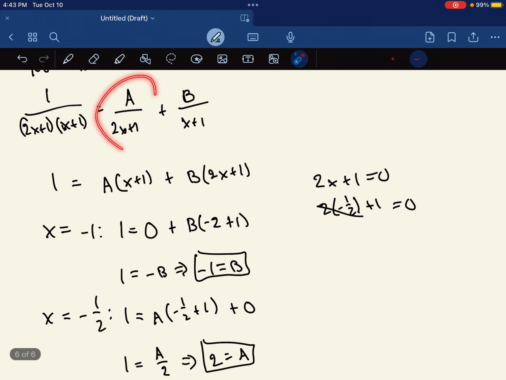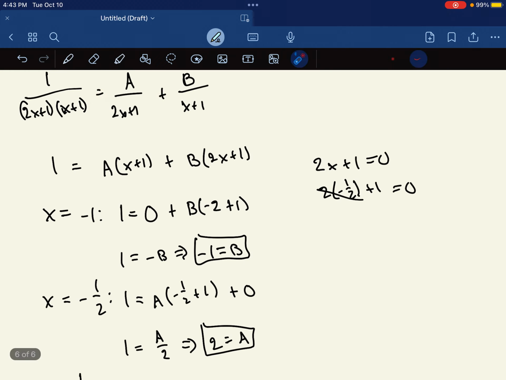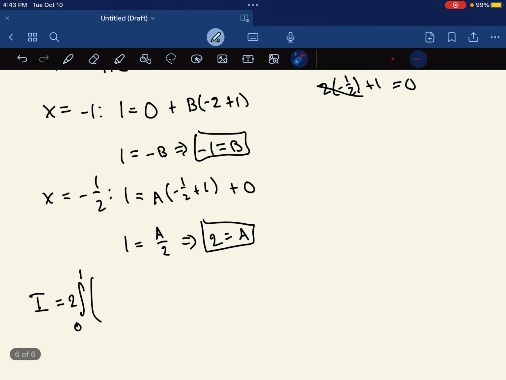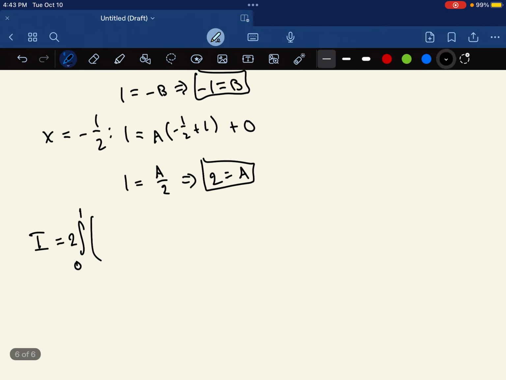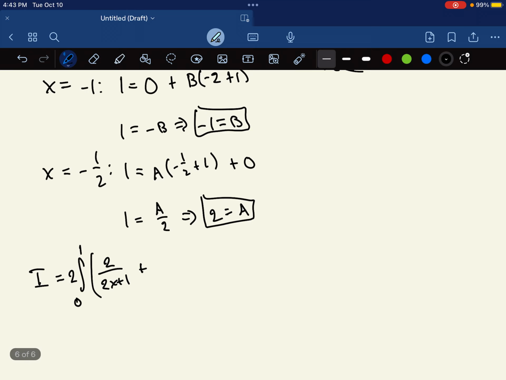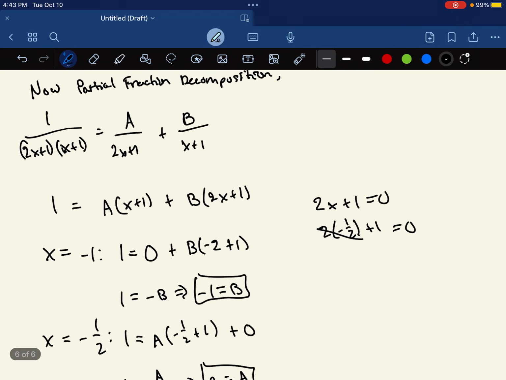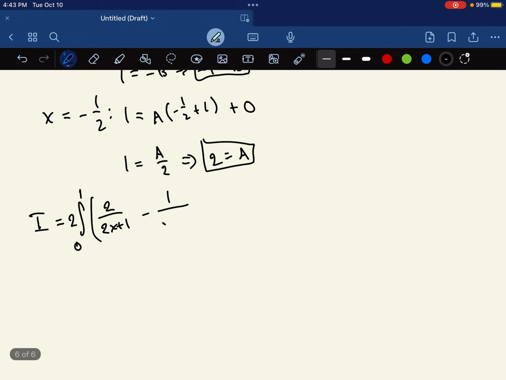We found A, and we're just going to substitute B in as well. So A is 2, 2 over 2x plus 1 plus B, which is negative 1, so we'll just go minus 1 over x plus 1 dx.